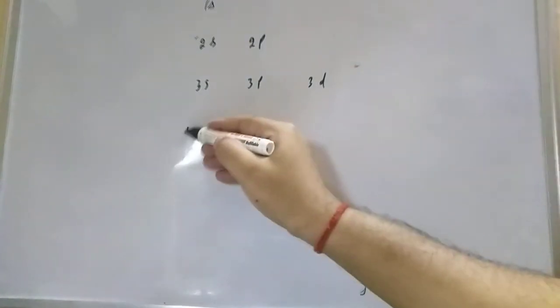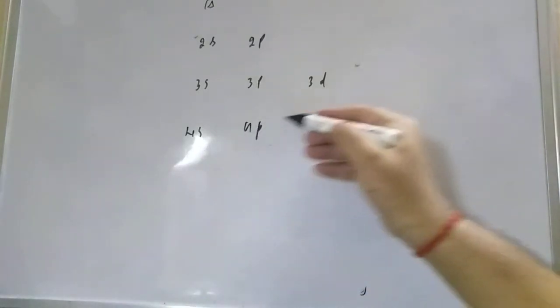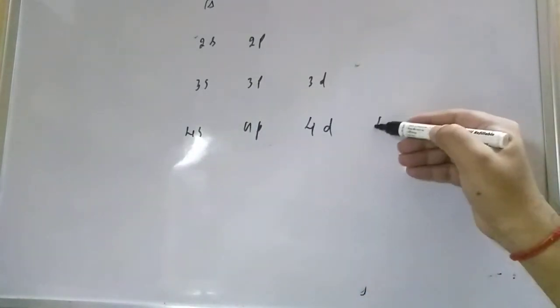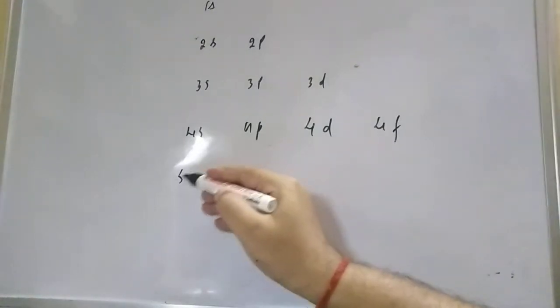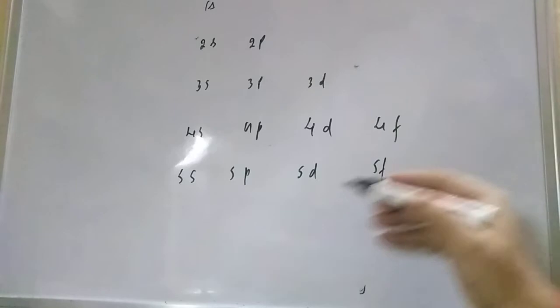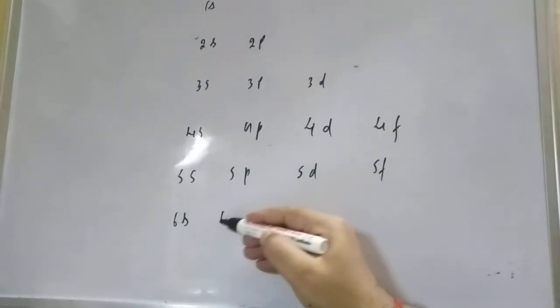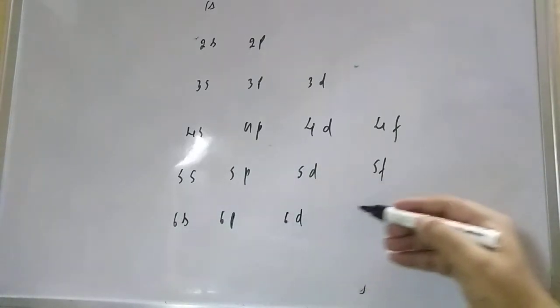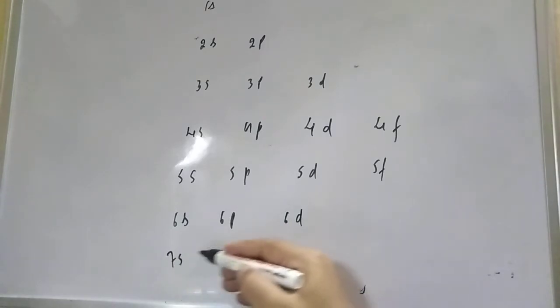Finally 4s, 4p, 4d and 4f, then 5s, 5p, 5d and 5f. Next are 6s, 6p, 6d, and here are 7s and 7p.